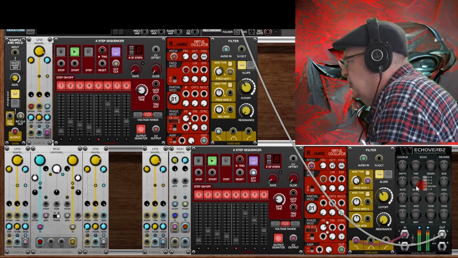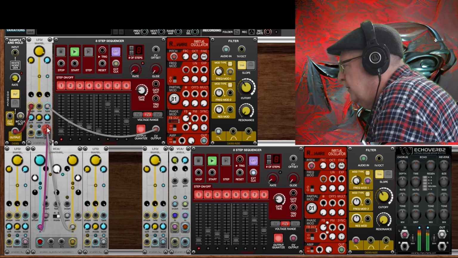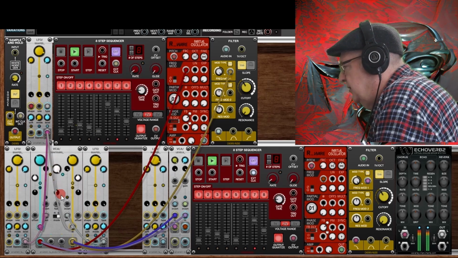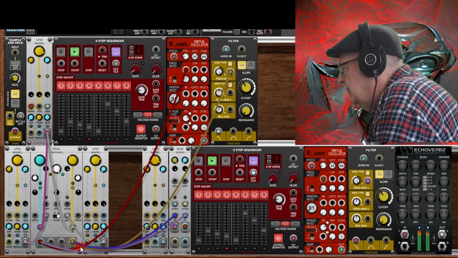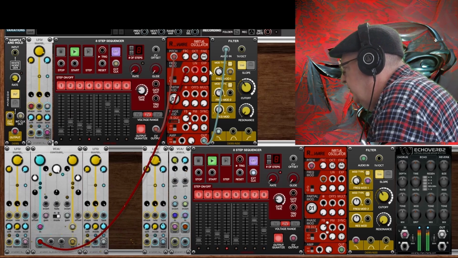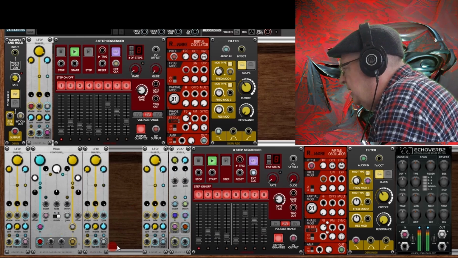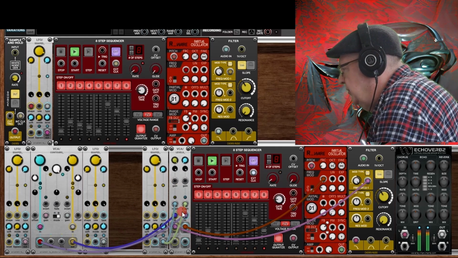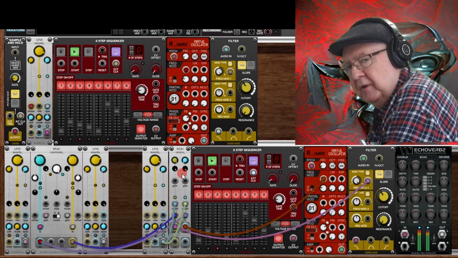So let me show the cables again. This is like before, from the LFO to the VCA levels module. From there, it goes to the upper voice, like before, no difference. But additionally, to the VCA levels module here, using both units.